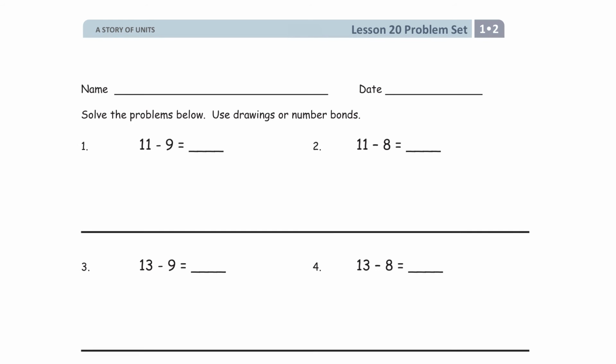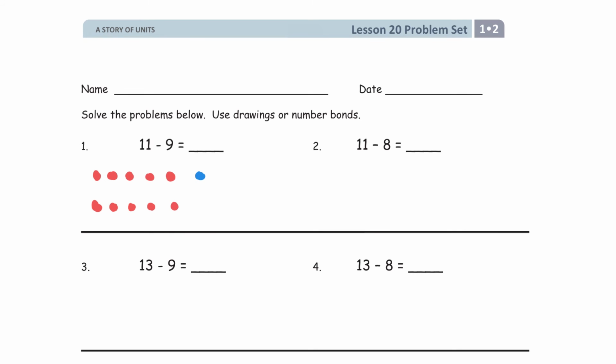All right, let's take a look at number 1 then. So we're going to draw this one out. Let's go ahead and draw out 11 dots. So 1, 2, 3, 4, 5, 6, 7, 8, 9, 10, and 11.